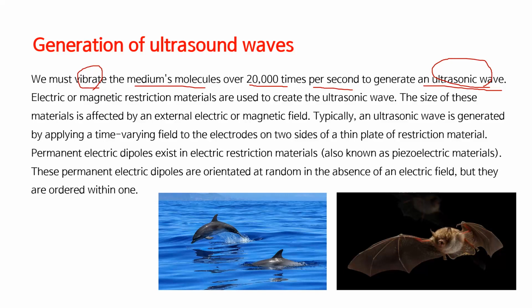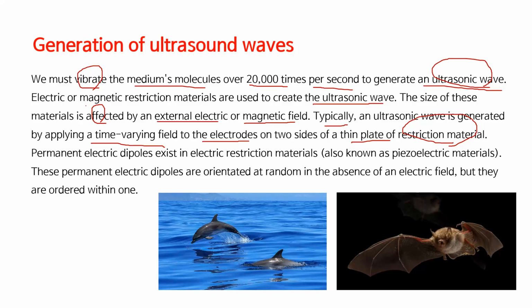Electric or magnetic restriction materials are used to create the ultrasonic wave. The size of these materials is affected by an external electric or magnetic field. Typically, an ultrasonic wave is generated by applying a time-varying field to the electrodes on two sides of a thin plate of restriction material.